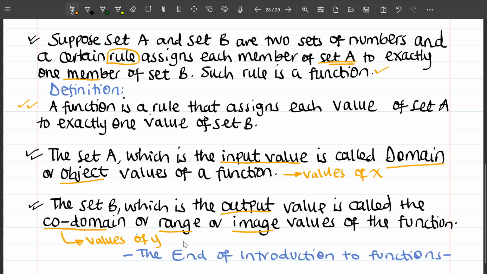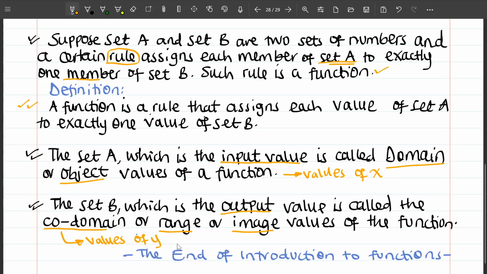So in summary, a function is a rule that assigns each value of a given set to exactly one value of another set. If you suppose two sets, set A and set B, the first set is the domain or the object values, which gives us the input values of the function. The corresponding set B is the set of the output values, which we call the codomain, the range, or the image.